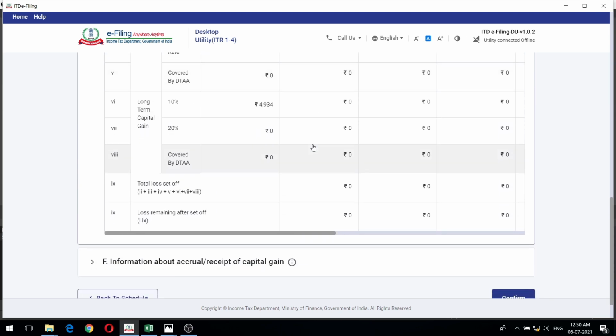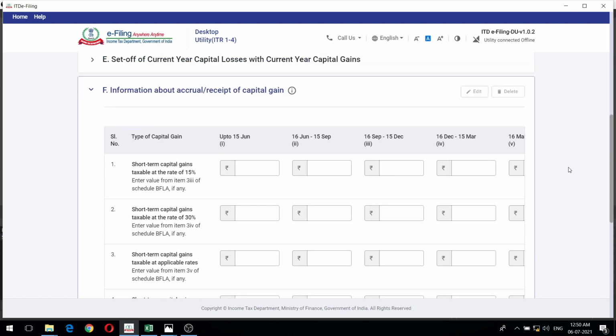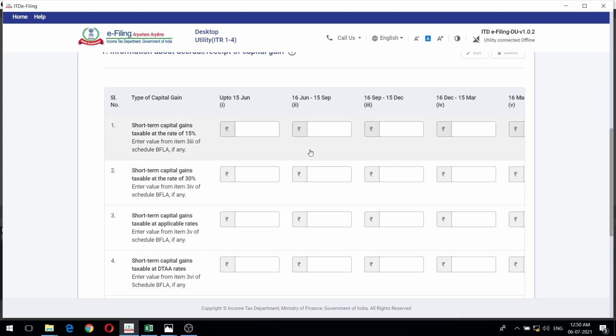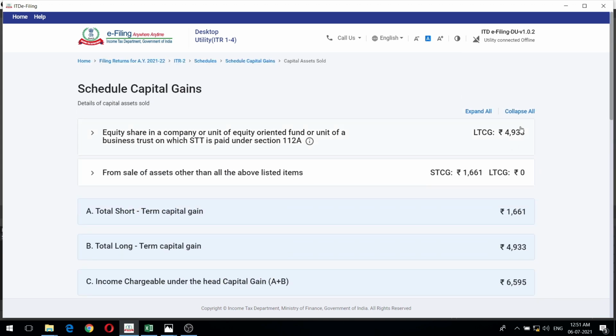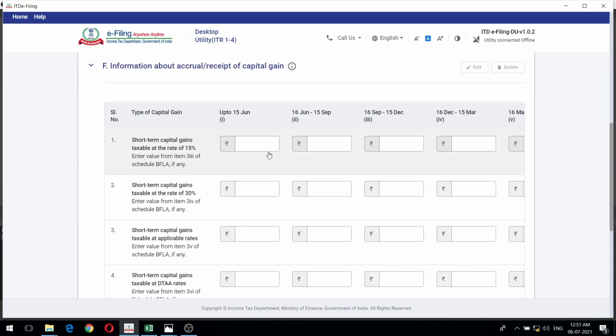Now, what you need to fill right here is information about those gains. You need to tell the department how you earned this particular amount across the year, against each quarter you can think of.